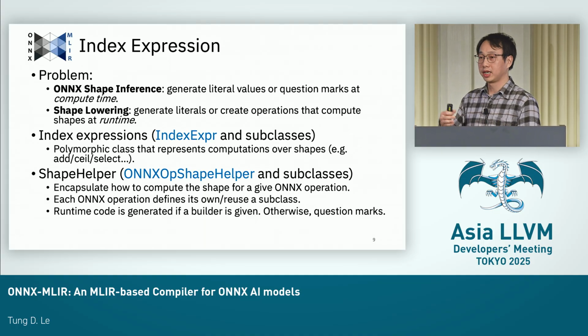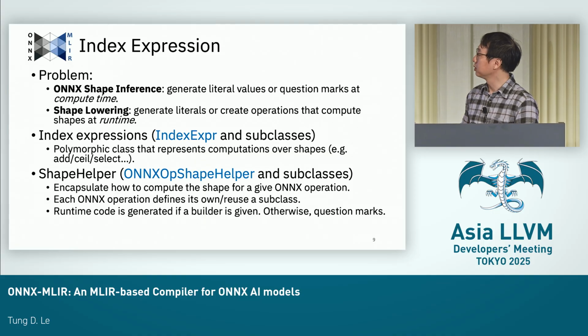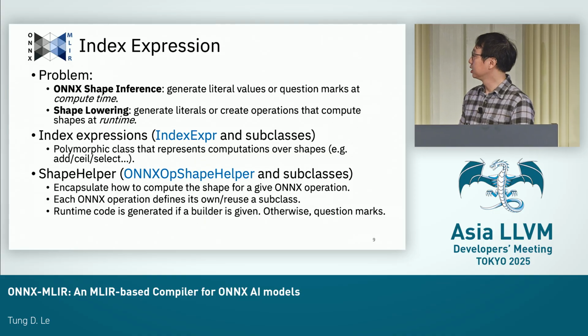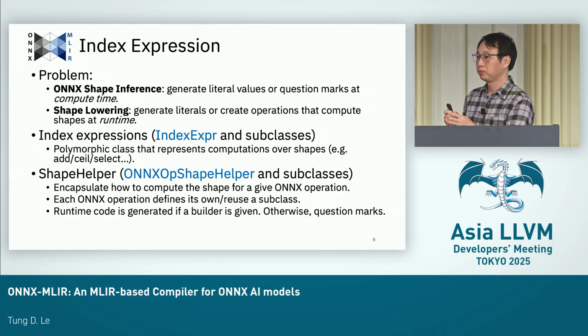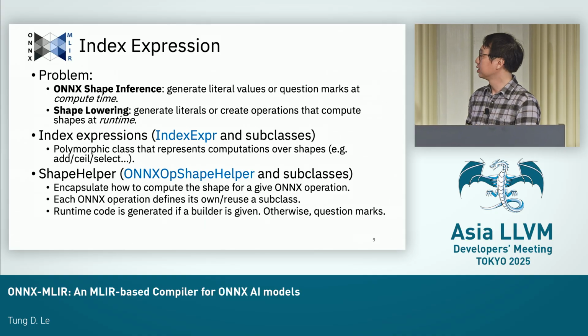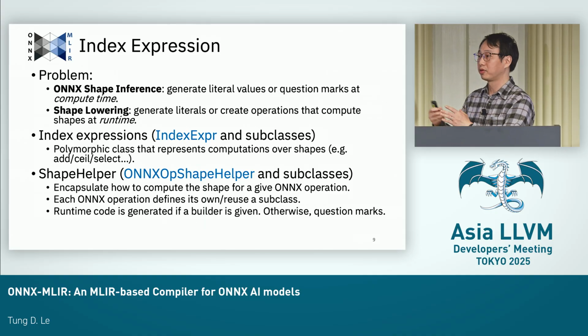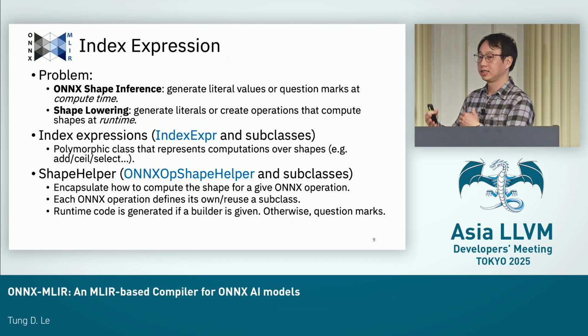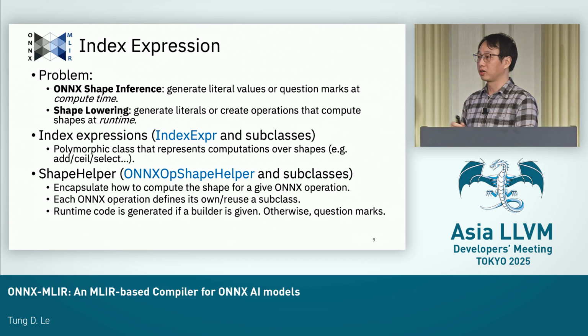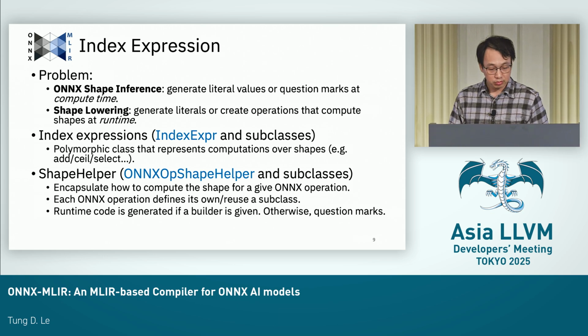This shape helper can be called at compile time for shape inference, or at shape lowering, depending on whether we give the builder to the class or not. If we give the builder, it will generate the runtime code. Otherwise, it just generates the literals and question marks.